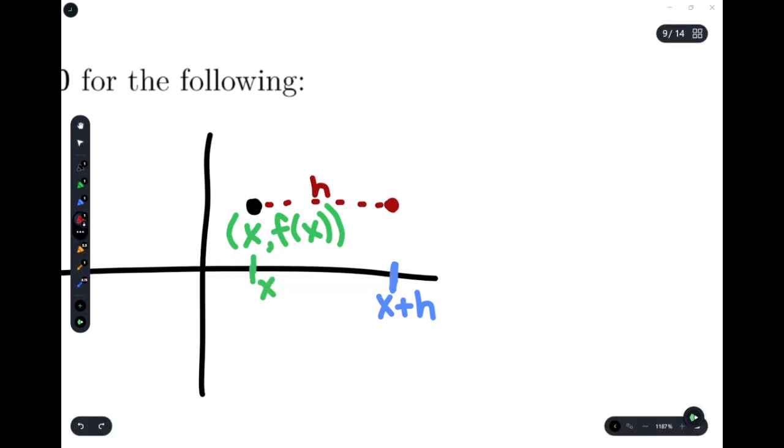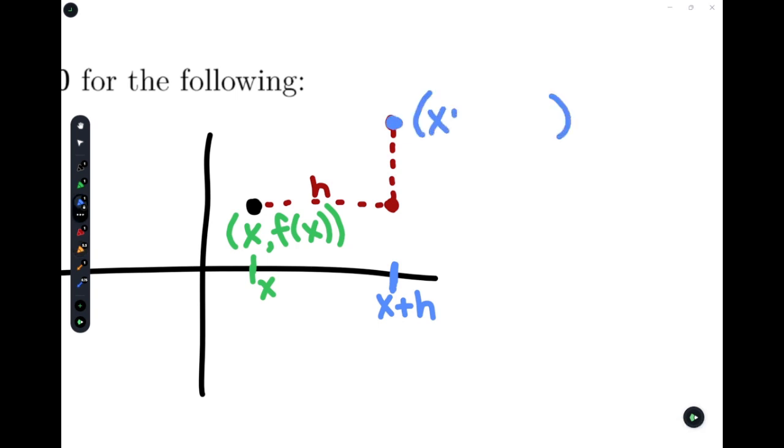Okay. But we didn't just go over. We also went up or down. How high did we go up? What point is that point? x plus h, comma. The blue point is, what is this box?